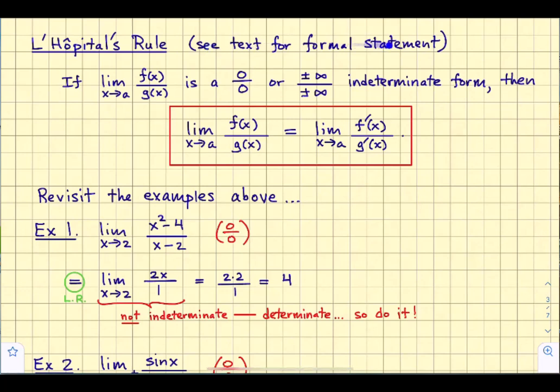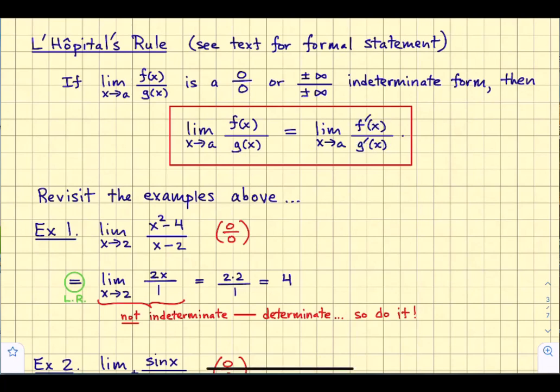And I'll point you to the text for a formal statement, but as a short abbreviated version here, it just goes like this. If you have a limit as x approaches a of f of x over g of x, if that limit is a 0 over 0 or some type of plus or minus infinity over plus or minus infinity indeterminate form, then the value of the given limit is the same as taking the limit as x approaches a of the derivative of f over the derivative of g.